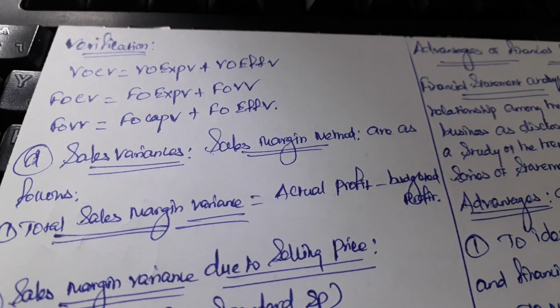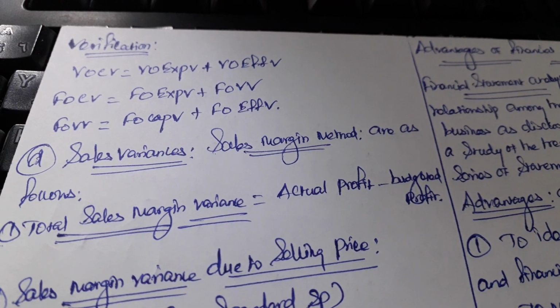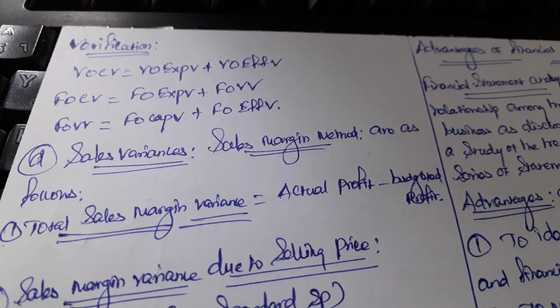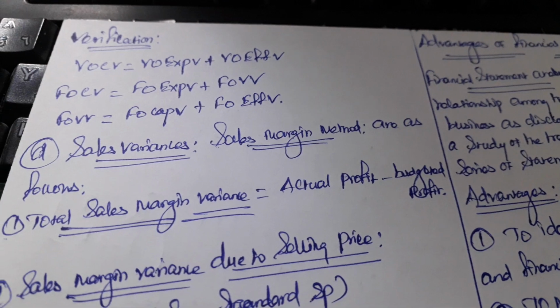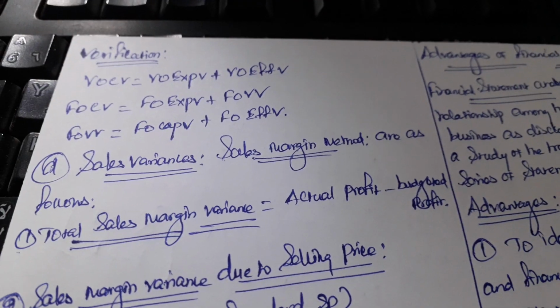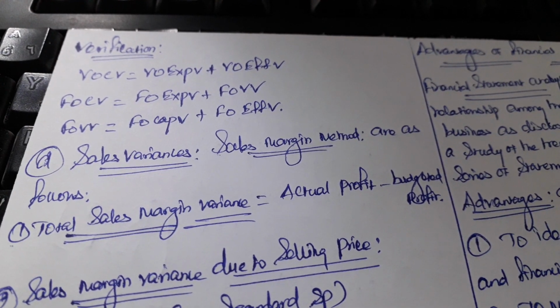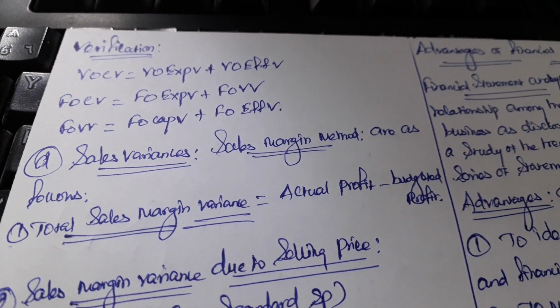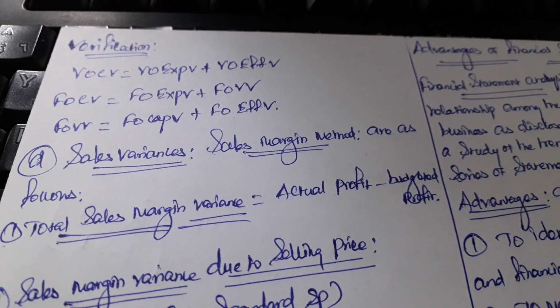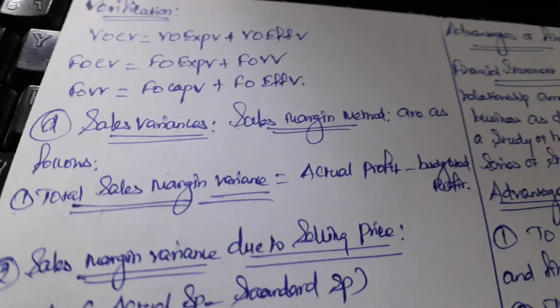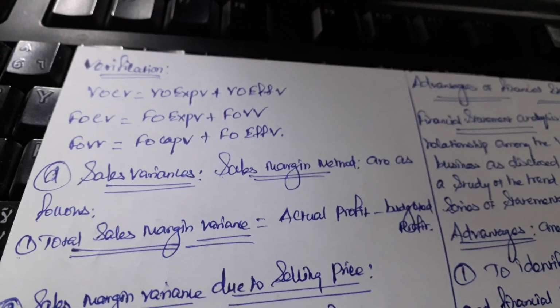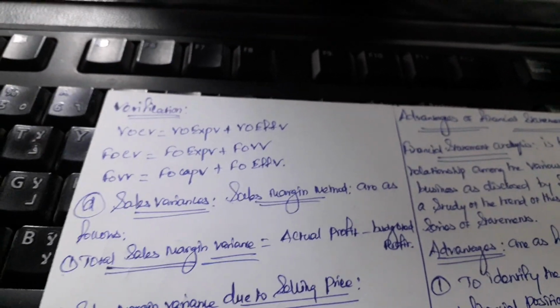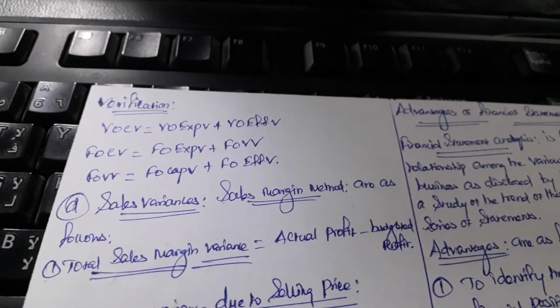Fixed overhead cost variance equals fixed overhead expenditure variance plus fixed overhead volume variance. Fixed overhead volume variance equals fixed overhead capacity variance plus fixed overhead efficiency variance. Through these equations we can check whether our problem is right or wrong.